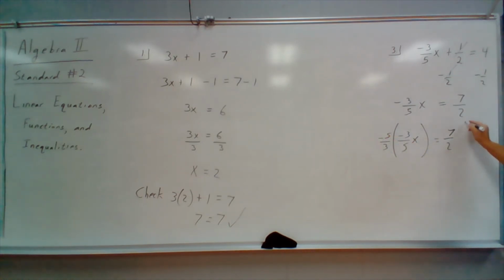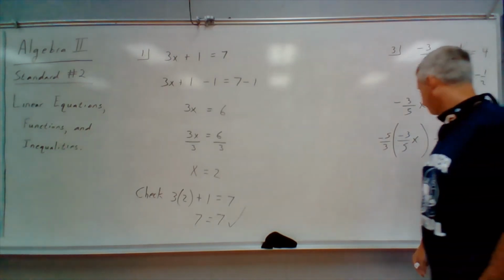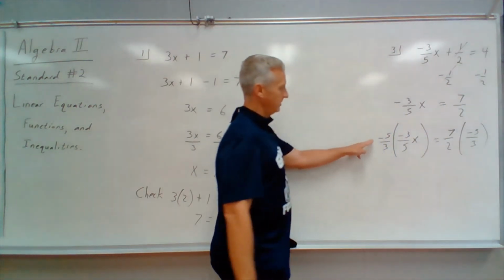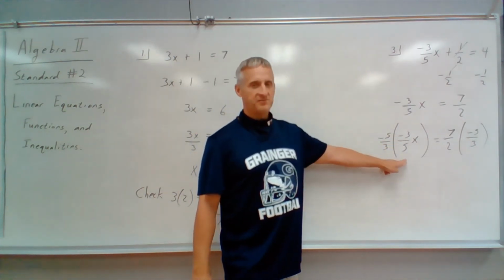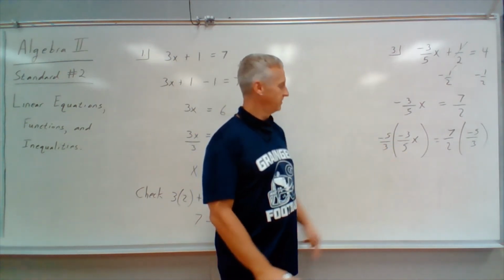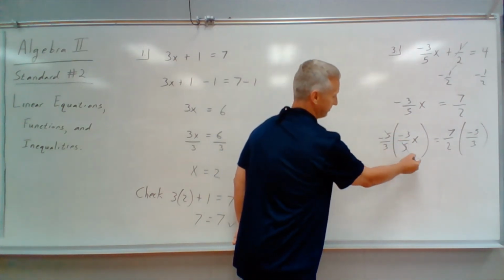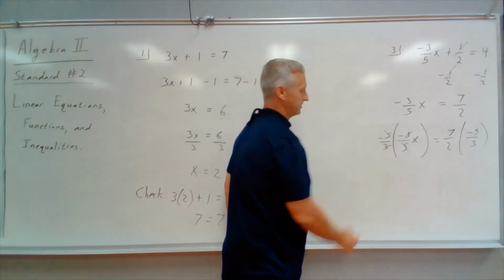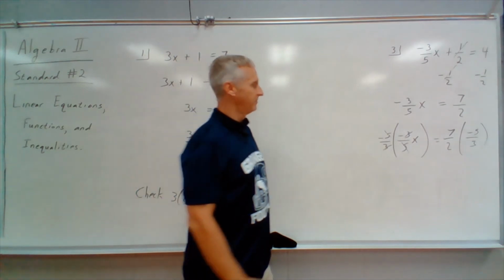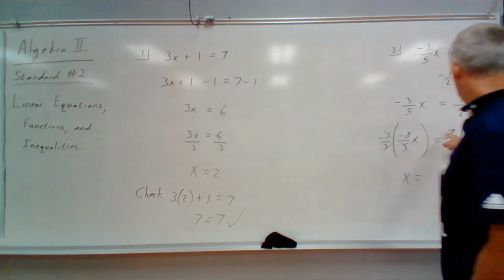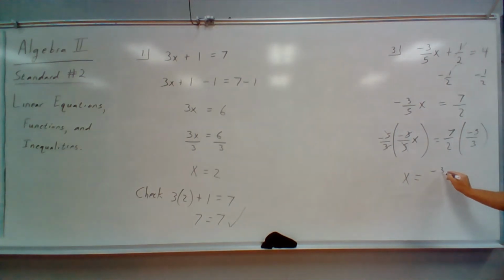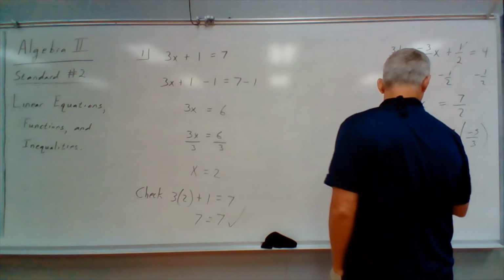And I'm going to multiply this side by negative 5 over 3. Here, if I multiply, I'll get 15 over 15, which reduces to 1. Or you could also think that those cross out, and I'm left with 1. So I've got x equals negative 35 over 6.